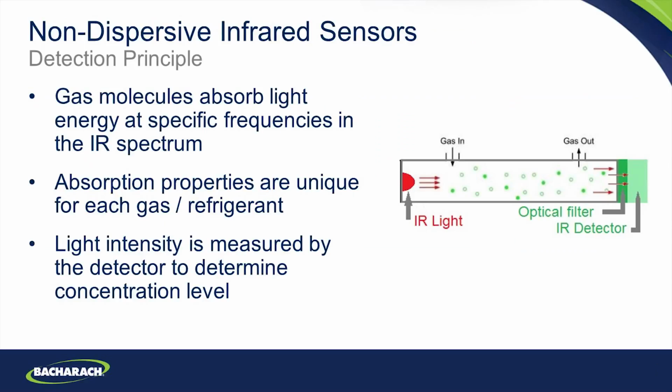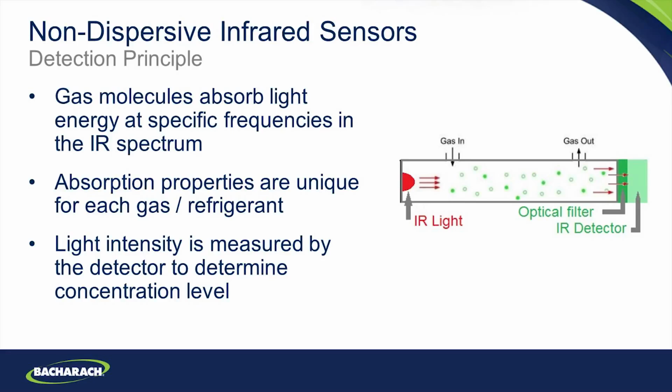Non-dispersive infrared sensors work on a principle of gas molecules absorbing light energy at specific frequencies within the infrared spectrum. The absorption properties for each gas are relatively unique.